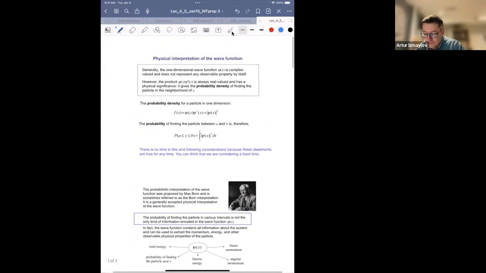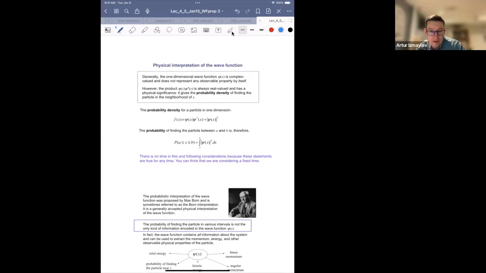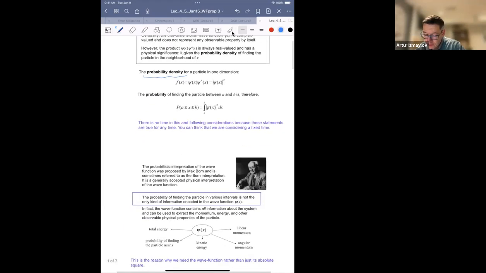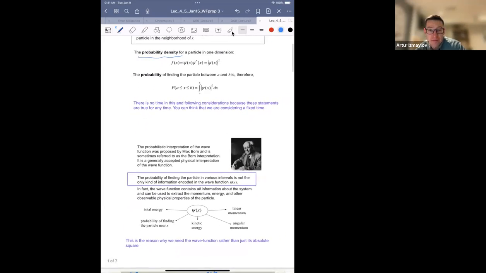Okay, so now let me remind you about the physical interpretation of the wave function. We talked already that it's a probability density, obtained this way here. The time part is gone, because we don't talk about time, that means it's for a particular fixed time. To simplify notation, we remove time from the function.